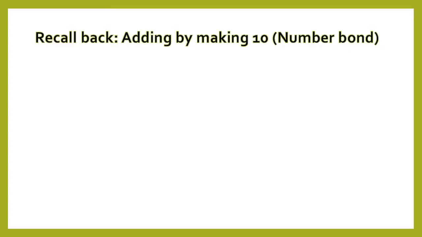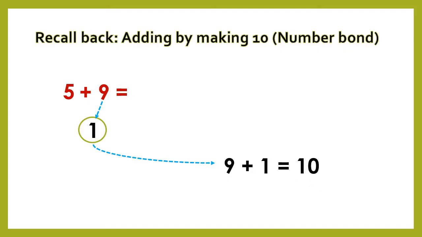Now, do you still remember how to add numbers by making 10 using number bonds? Here we have 5 plus 9. First, let's take 1 from 5 so that 9 plus 1 is equal to 10.